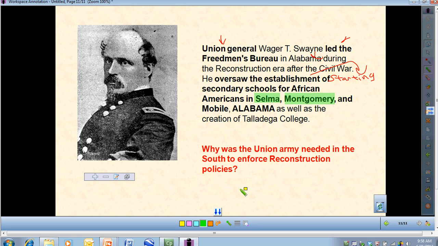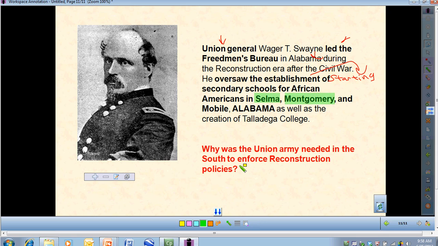Secondary as in from 6th grade on, in Selma, Montgomery, and Mobile, Alabama. Now, I want you to store in the back of your mind for the springtime when we study the Civil Rights Unit those two names, Selma and Montgomery.